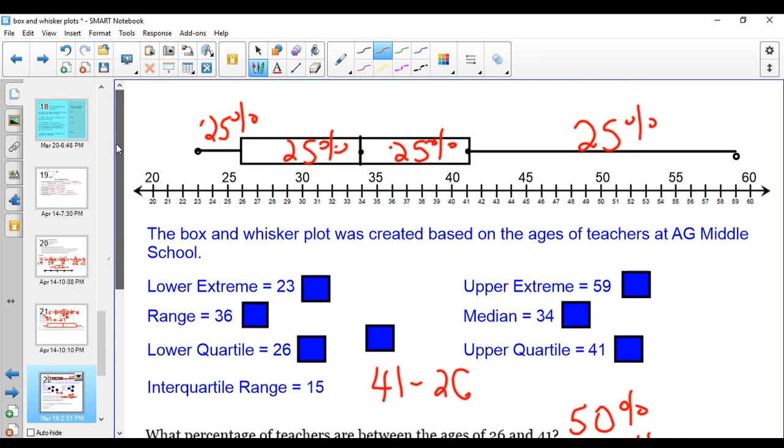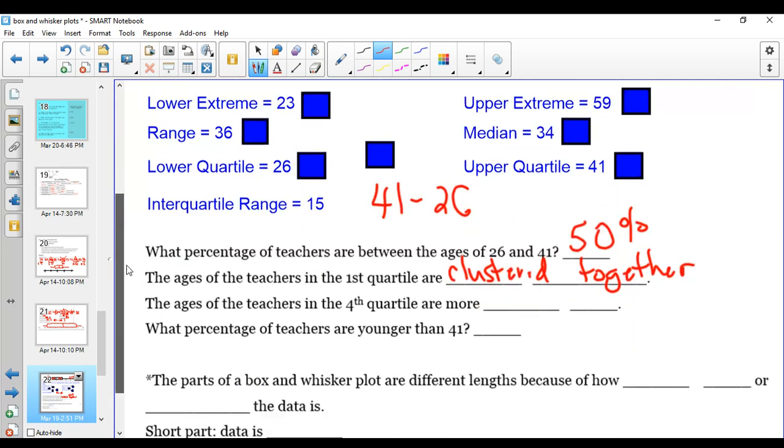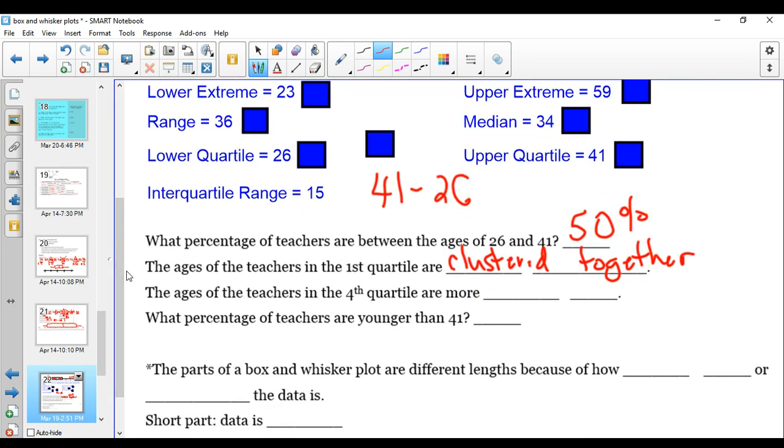So let's go back up. The fourth quartile, this section is a whole lot longer than the rest, right? What that tells me is that the numbers in this section of my data set were more spread out. So in that quartile, the data was more spread out.